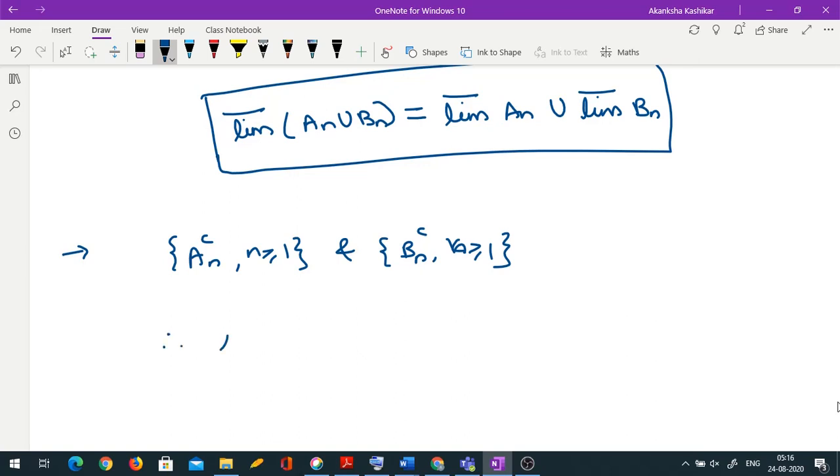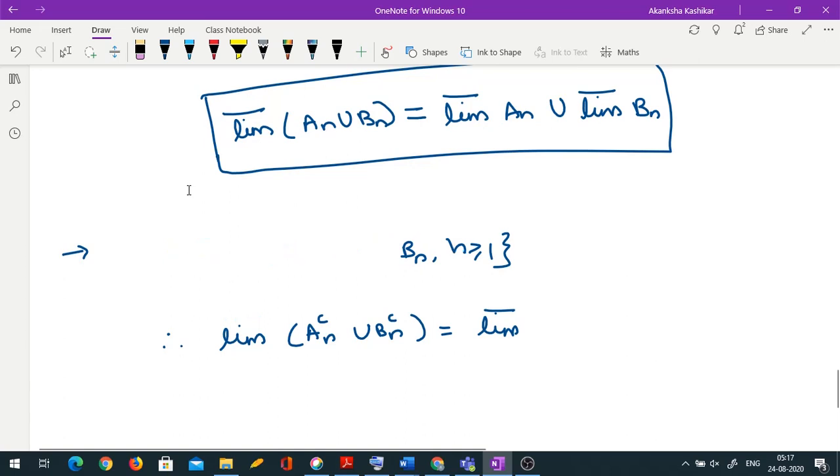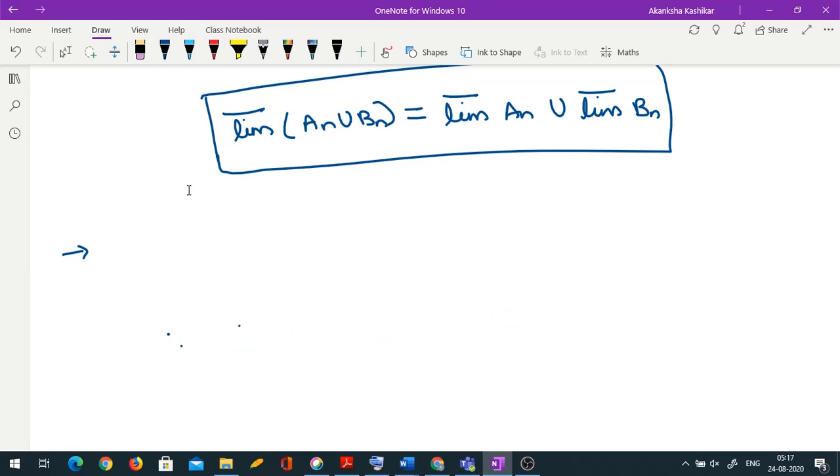So I can write lim sup of An complement union Bn complement is equal to... okay, one result is true. So can we use this for some next things?